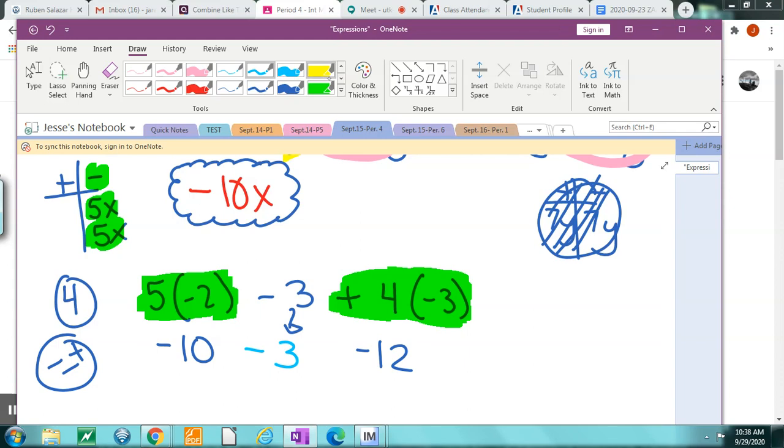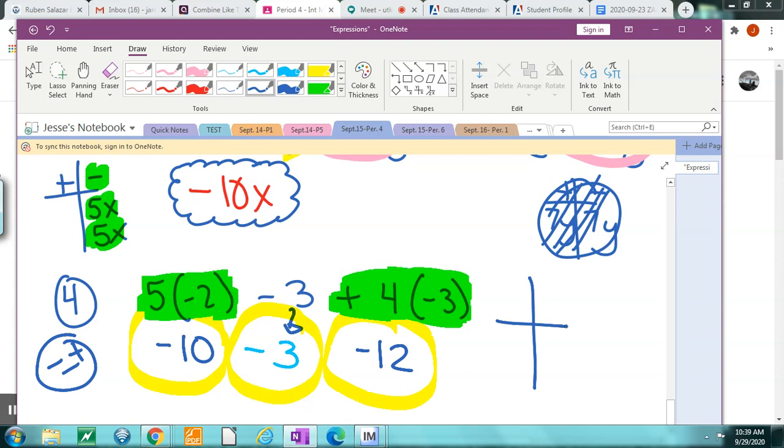Now do what we've been doing. Circle negative 10. Don't do keep change. By circling them, you're already changing them. So the minus 10, minus 3, minus 12 is now negative 10, negative 3, negative 12. So now I'm going to do the t-chart. Negative 10, negative 3, negative 12.